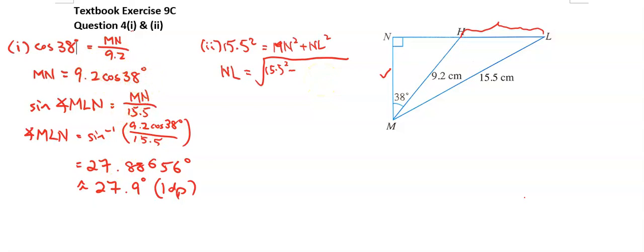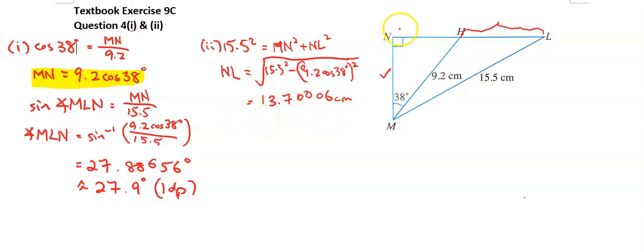Our MN is found over here, 9.2 cosine 38 degrees. Whatever exact value your calculator gives you, you square it, subtract it from 15.5 squared, and square root the whole sum. So you will get NL is 13.70006. At this point I do not round off to 3 significant figures, because this is not the answer that the question wants from you. This is just part of your working towards finding HL. So NL we leave to 5 decimal places.